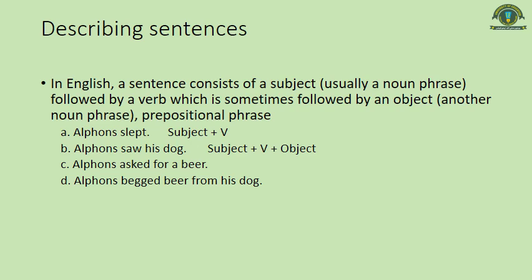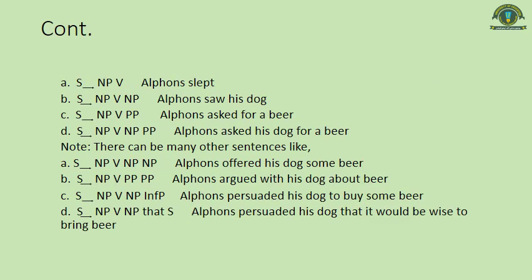You can see here the first sentence, S, is made up of noun phrase and verb. Alphonse slept. The second sentence is made up of noun phrase, verb and again a noun phrase. That is, Alphonse saw his dog.